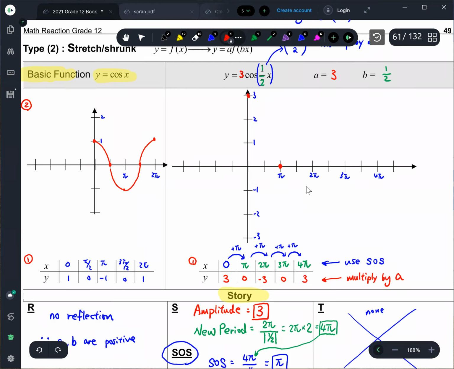Pi is at 0. 2 pi is at -3. 3 pi is back to 0. 4 pi goes up to 3 again. Open down, open up, right? For each space, make sure you curve the right direction, okay? Open up, open down.